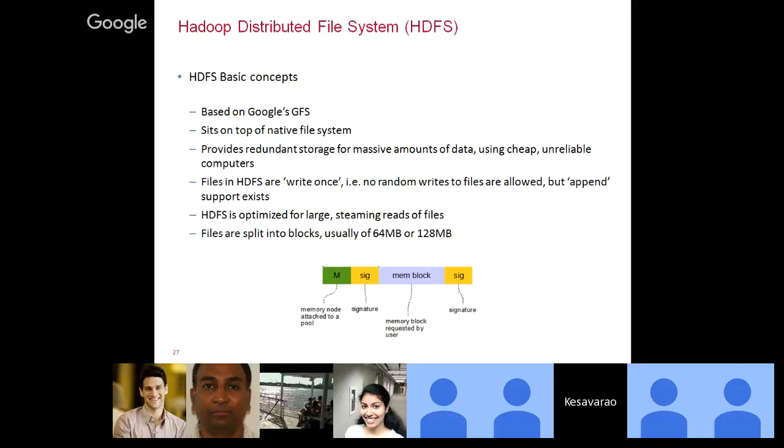So I'm going to go a little more deep into the technicalities here, how the HDFS file system works. It may be a little bit boring for a few slides, because we are going into deep technical information, but understanding this is very important.